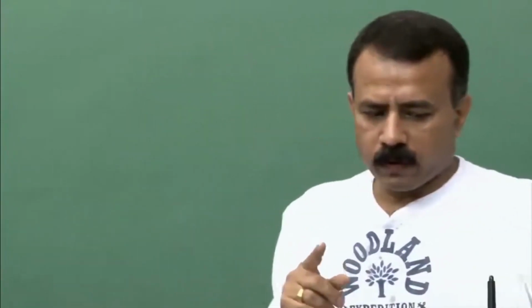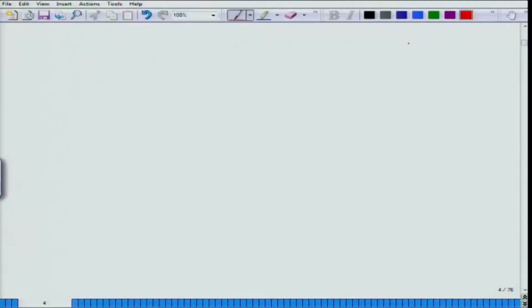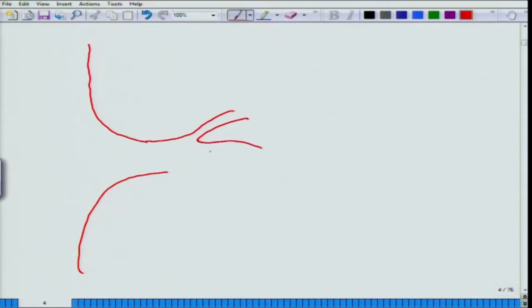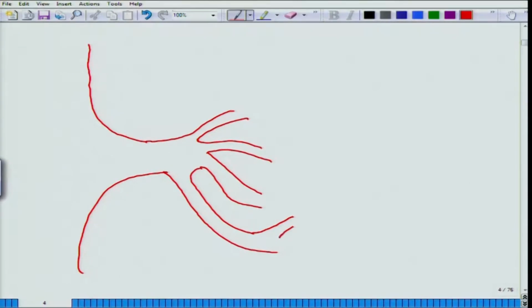So, how it looks physically, let me draw this, this will help you. If this is the artery side of it, and this is the network of the capillaries, so this is the capillary network.